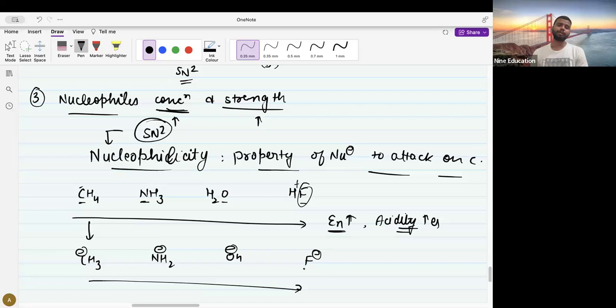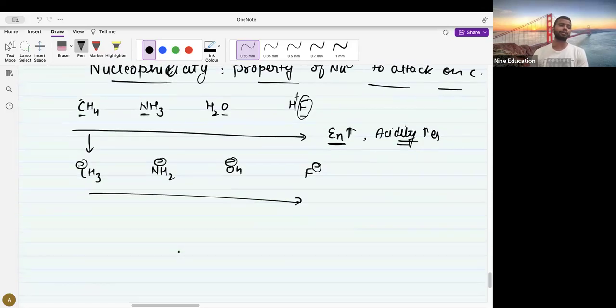More stable means more electronegative; it can take electrons on itself easily. OH minus can take electrons easily on itself. This NH2 minus and CH3 minus can't take electrons, therefore they act as bases.